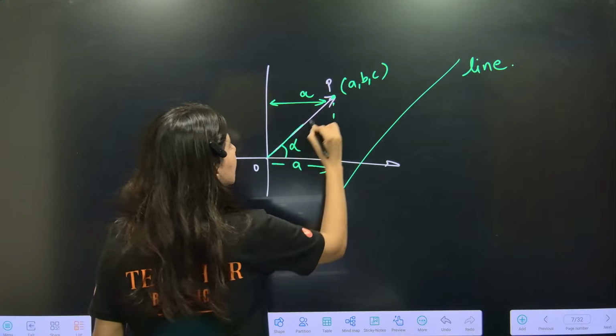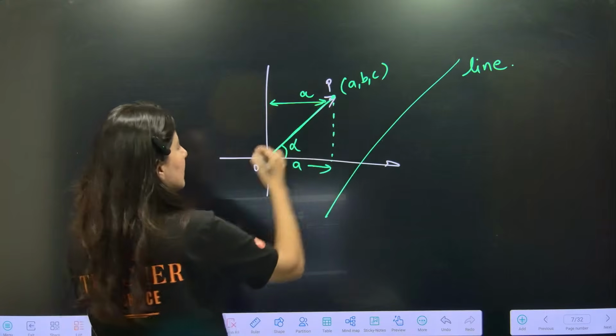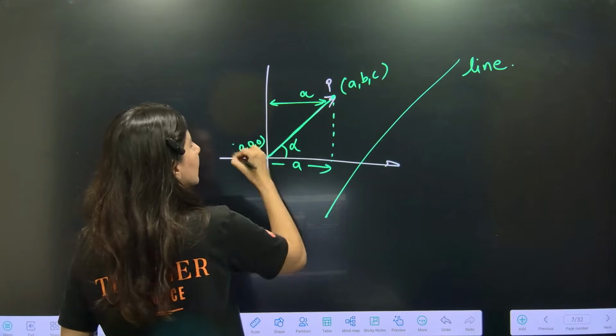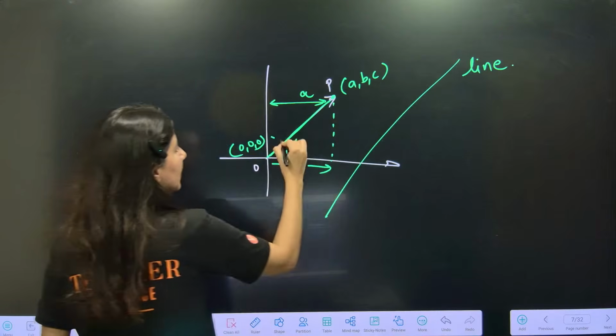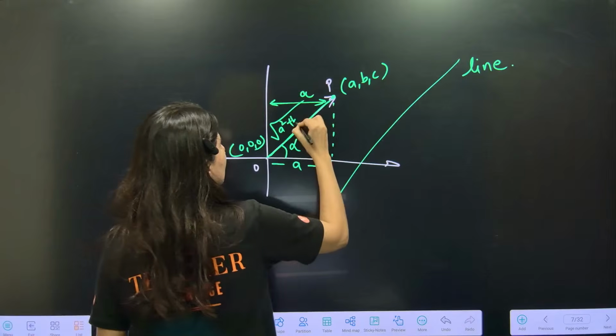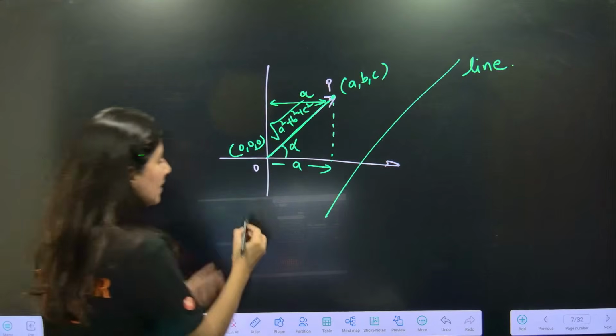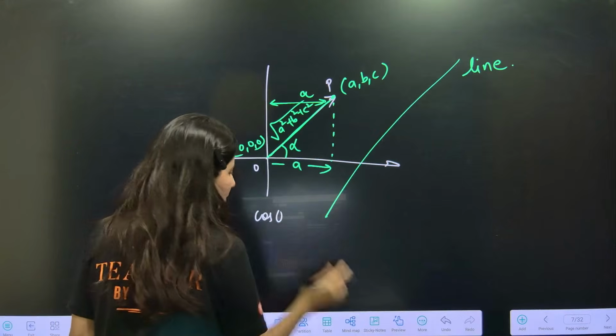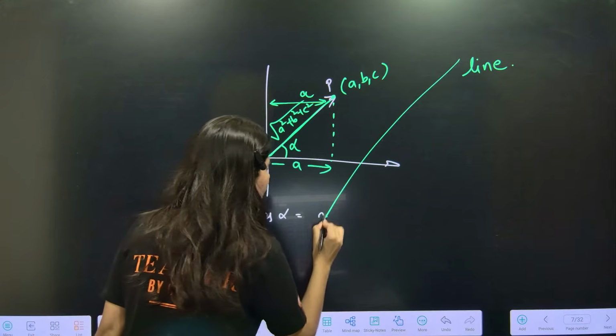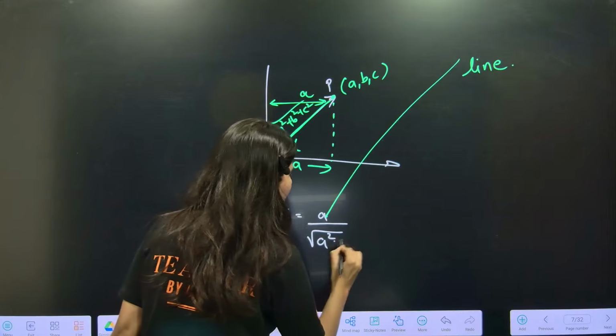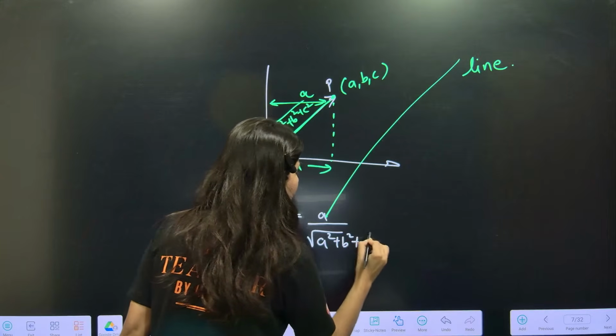OP is the square root of A square plus B square plus C square, right? So cos theta is base upon hypotenuse. So cos alpha will be A upon square root of A square plus B square plus C square, right?